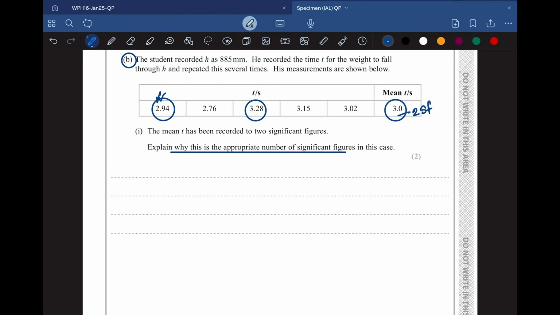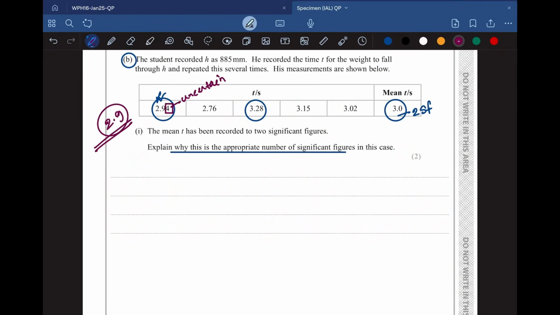actually that the uncertain digit in 2.94 is this 4. This 4 is going to be my uncertain value, right? Either it will be 2.95, 96, 97, or let's say 2.91. So if we take it as 2.9, this 2.9 is more accurate.